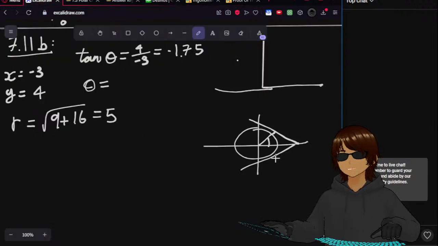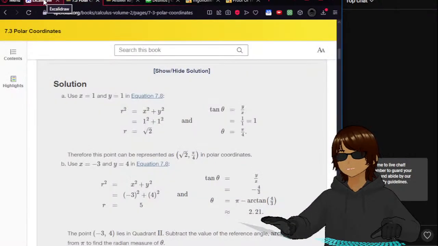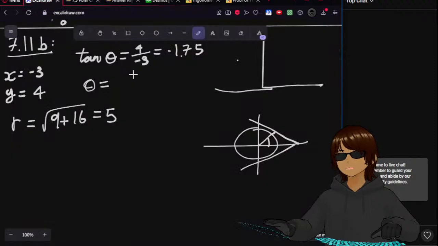But the thing is, if it lies over here, then we need to add pi to get the value of theta over here.